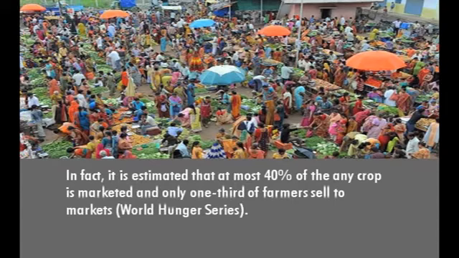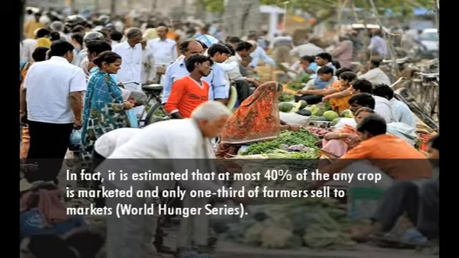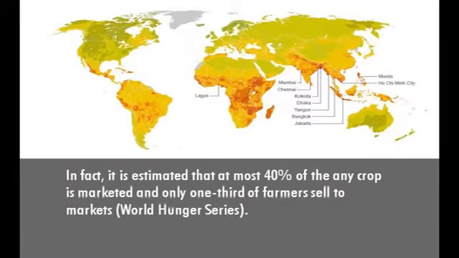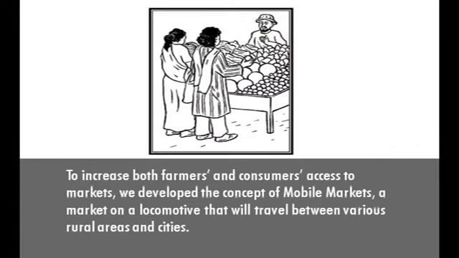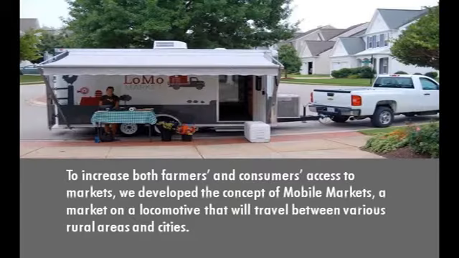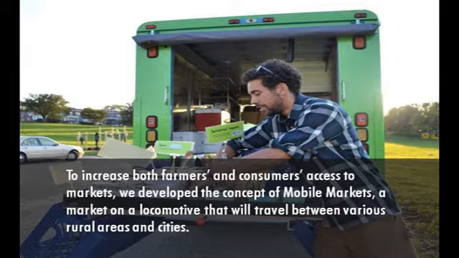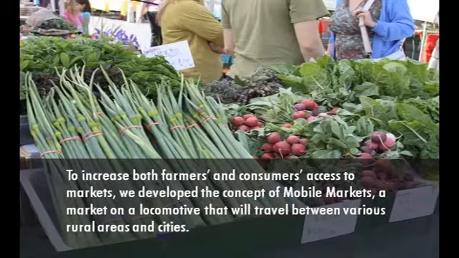In fact, it is estimated that at most 40% of any crop is marketed and only one-third of farmers sell to markets. To increase both farmers' and consumers' access to markets, we developed the concept of mobile markets, a market on a locomotive that will travel between various rural areas and cities.